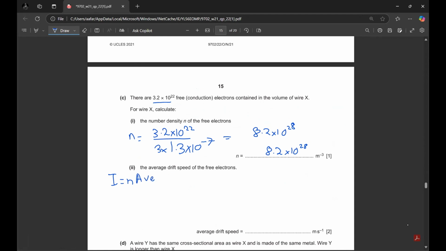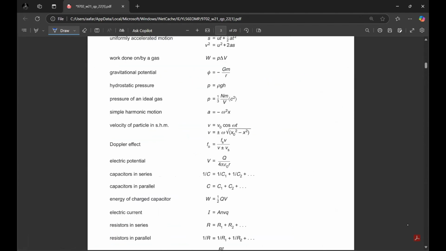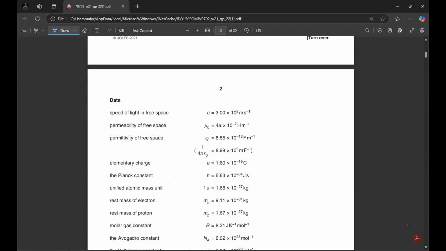I is equal to nAve, where n is the number density, I is the current, A is the cross-sectional area, v is the drift velocity or drift speed, and e is the elementary charge, of which the value is given to us in the formula sheet of the paper.